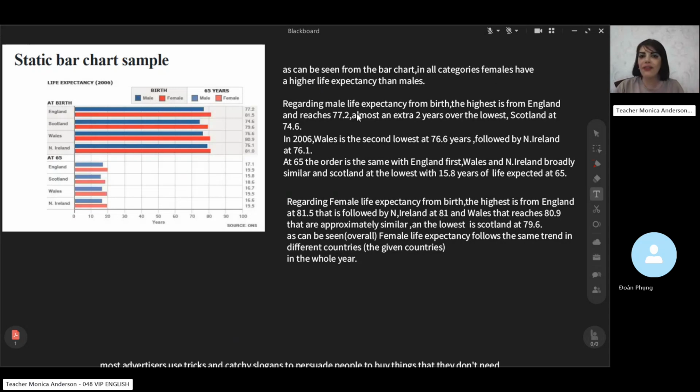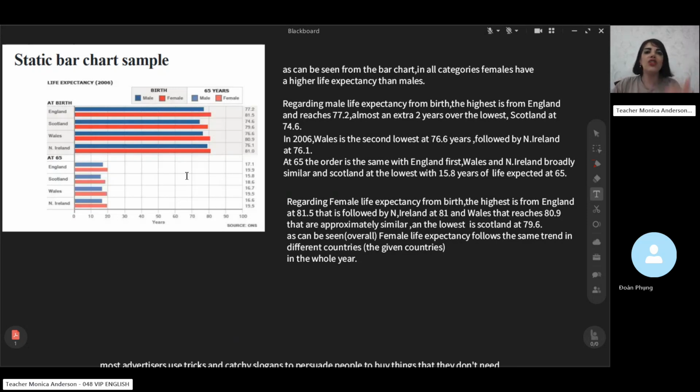But after finishing your paragraph about female, as I told you, you can divide your overview into two parts, and then you can compare. It's not one by one. Don't make a mistake about this; maybe it's a misunderstanding. For example, in both male and female, England is first.